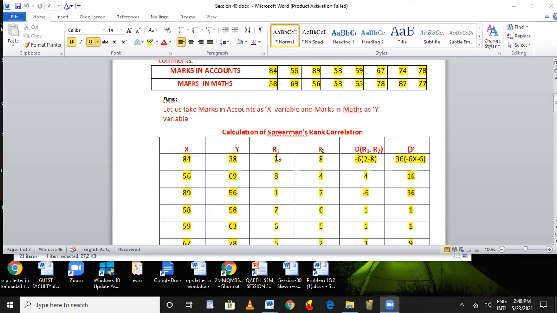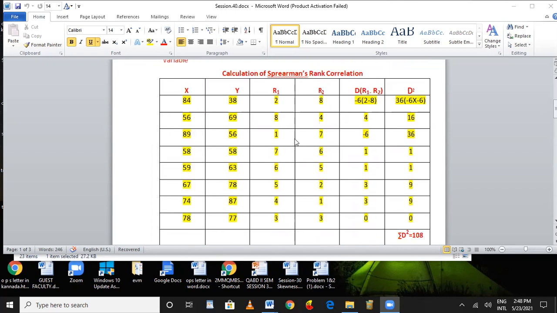We have given the judges R1. R1 means the ranks given by the first judge. In the same way we find the ranks given by the second judge. Here marks in maths have been converted into R2.